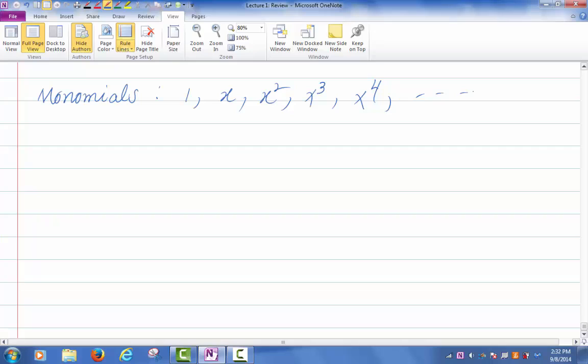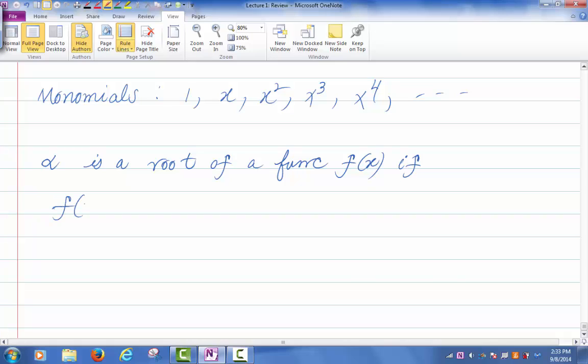So there are some facts about polynomials that we need to remember. First of all, let me remind you the definition of a root for a function. If I have a number alpha, alpha is a root of a function f of x if f of alpha is equal to 0.